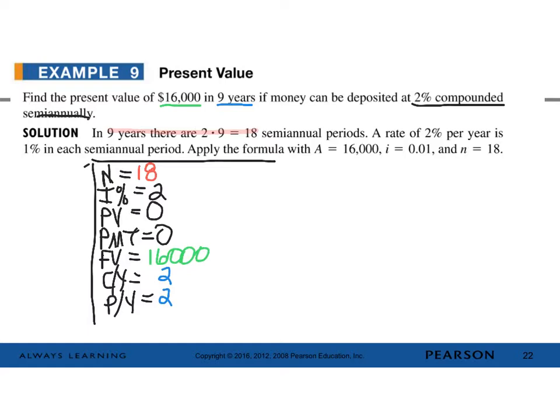So once we've done that, and then we go and put the cursor on the present value, and then we press the alpha and the solve button, we will get the present value of this amount of money, which is $13,376.28.